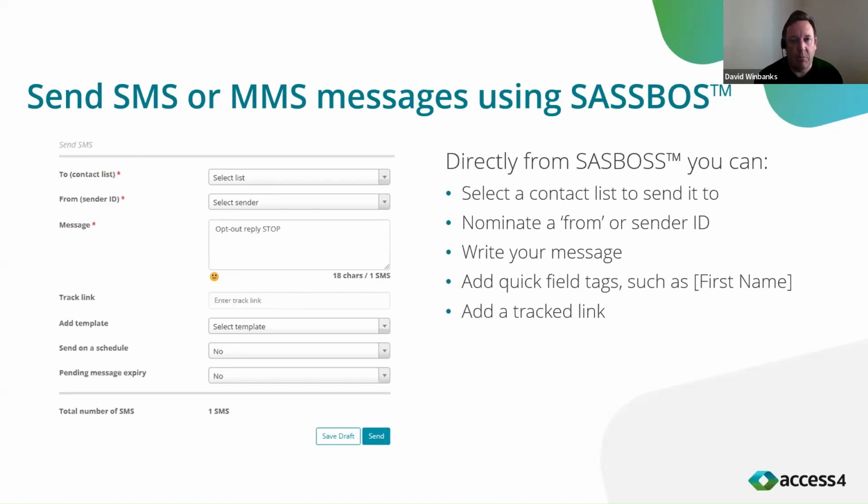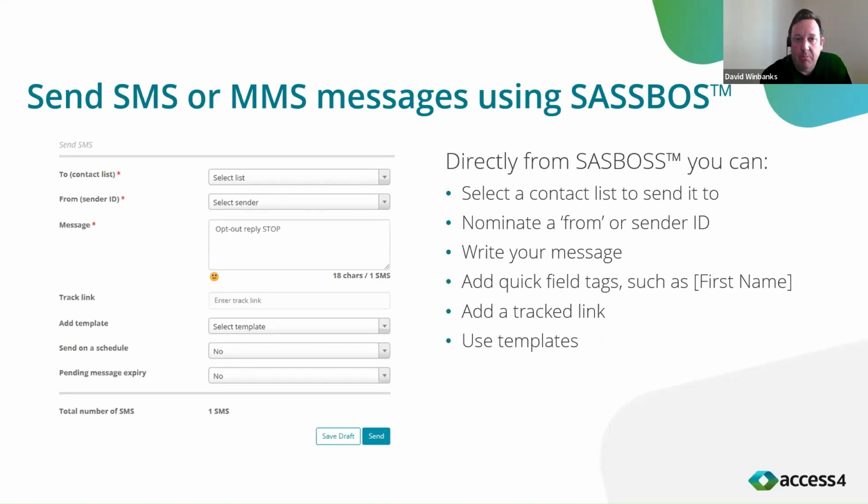If you go over the character limit, it can split that out into multiple SMSs per send. You'll also be able to have track links, so you can put a URL in there that's trackable, which is very popular for campaigns, to send out an SMS and drive people to a website for things like sales campaigns, especially in the retail markets. So that's available.